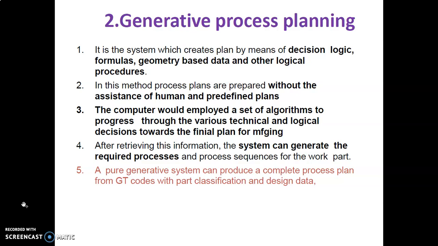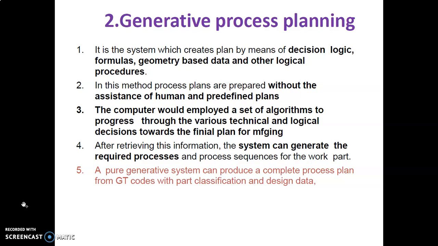In this type, we create a plan by means of a decision logic of formalized geometry-based data as a logical procedure. In this method, a process plan is prepared without the assistance of a human and predefined plans. The computer would employ a set of algorithms to process through the various technical and logical decisions toward the final plan for manufacturing.